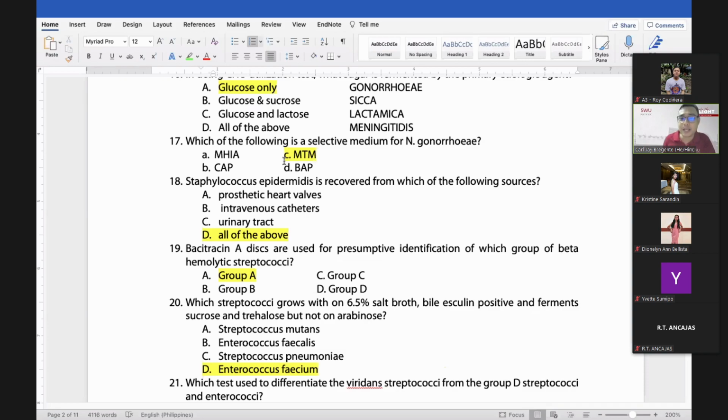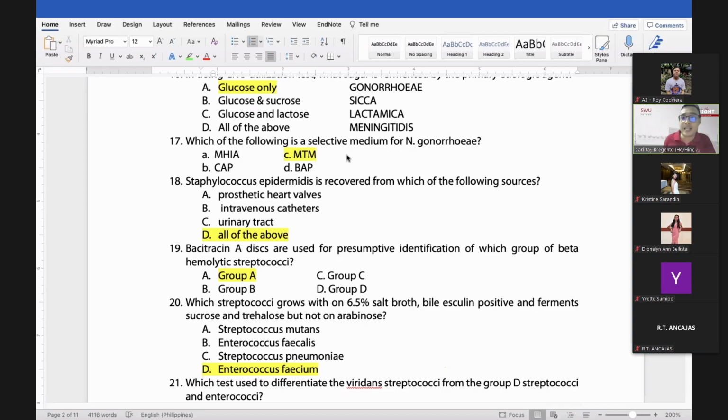Modified Thayer-Martin is a selective culture medium for Neisseria species because it contains different antibiotics that inhibit the other organisms. It contains vancomycin that will inhibit gram-positive organisms. It contains colistin that inhibits other gram-negative organisms, particularly your gram-negative bacilli.